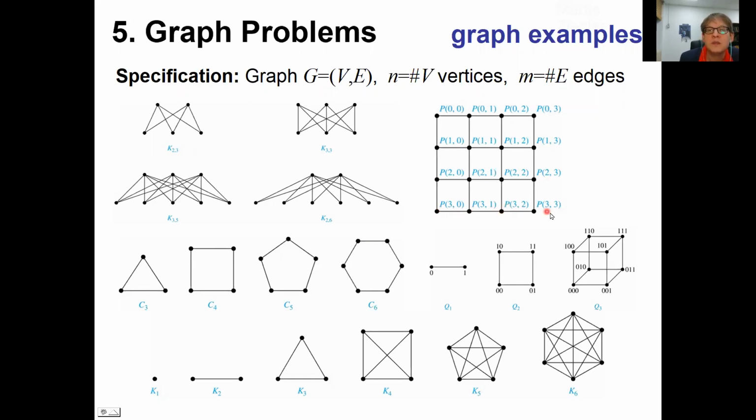The vertices of the grid graph are, as the name suggests, drawn on a grid of size 4 times 4. So there are 16 vertices, and there's an edge between any two vertices that are neighbors on the grid. You get the idea of a grid graph.